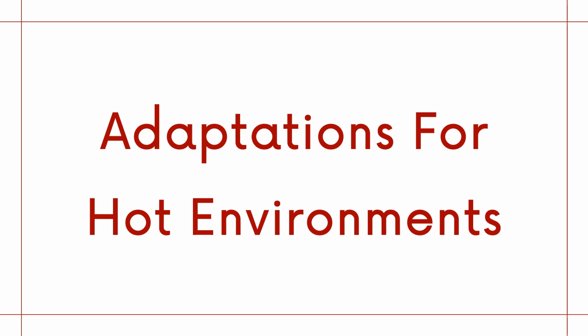So let's have a look at some adaptations for hot environments. Now, I'm going to give you some examples of different animals and their adaptations. There is no need to memorize these specific animals and these specific adaptations, because in a SAC or an exam, you might be given an organism and you have to figure out what possible adaptations that they could have.